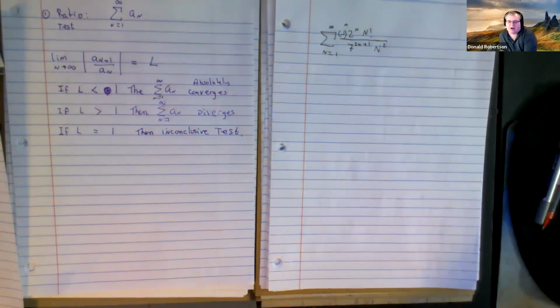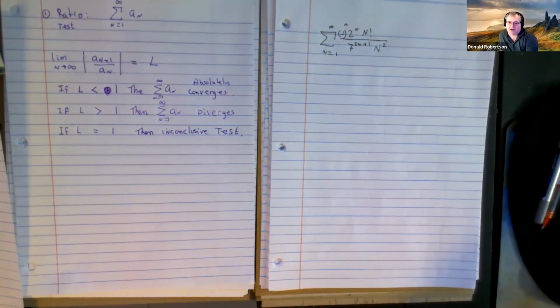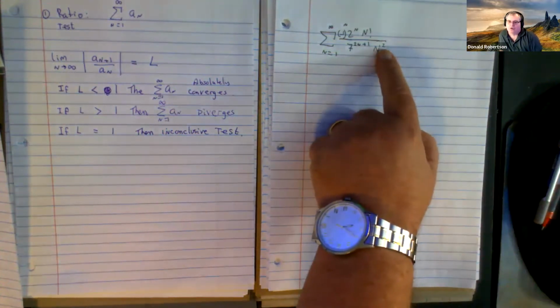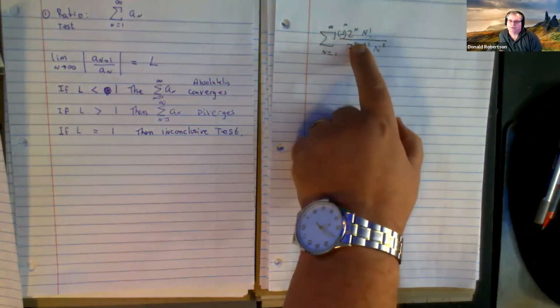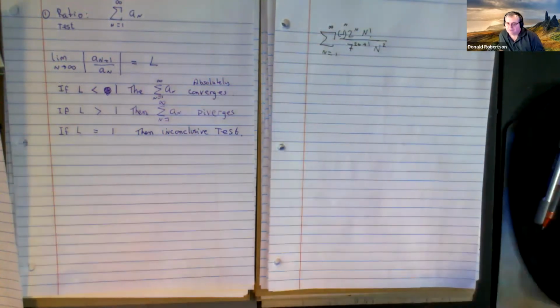That one has pretty much everything that you could possibly get in one question. Most questions only have 2 or 3 of those pieces, maybe that guy in the bottom and maybe that 2 to the n, or maybe the 2n factorial and that guy. But I'm figuring that if I can do the worst case scenario, all the other ones are going to be a lot easier to deal with.